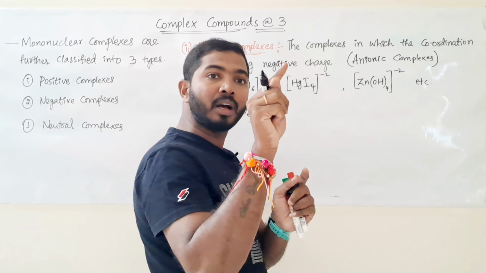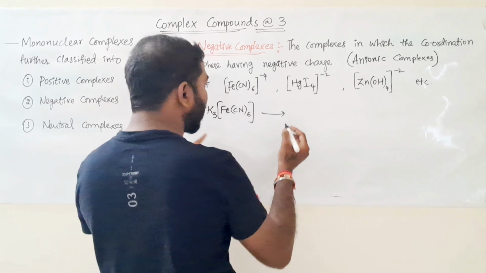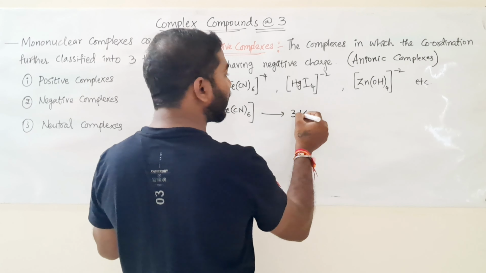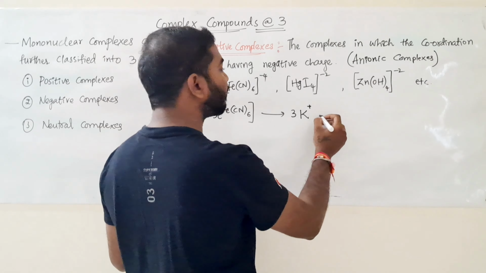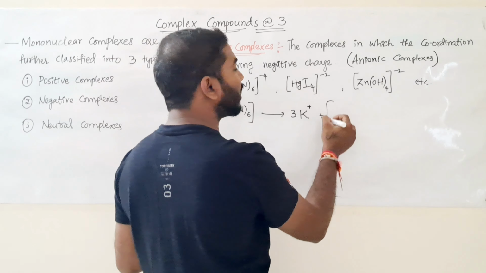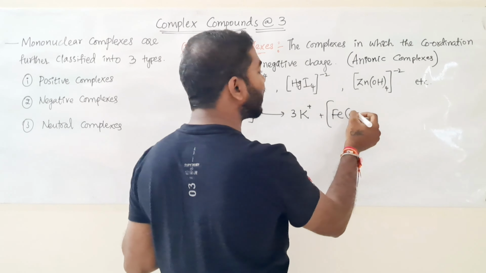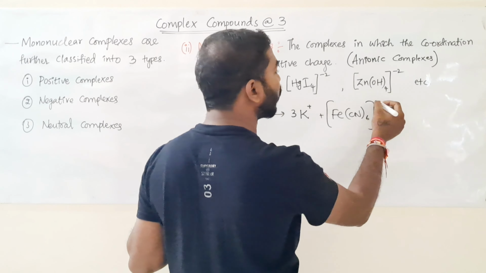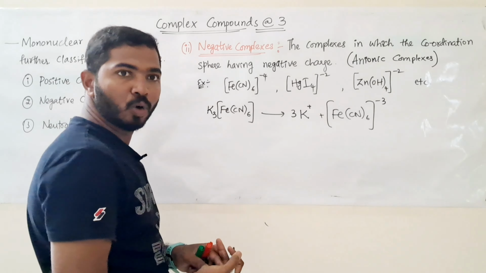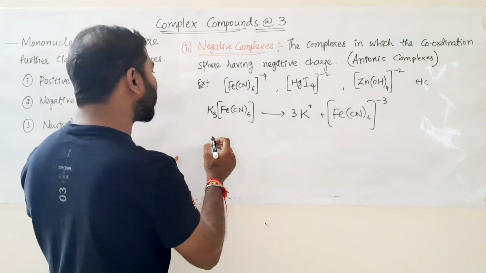First A group metals will have +1 charge. So we have 4 potassiums, each with +1 charge, totally +4 charge. To balance that charge, the complex sphere is going to have -4 charge. Hope it is clear.